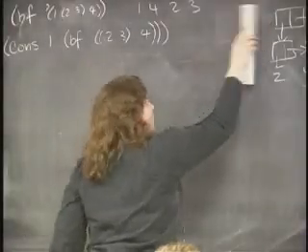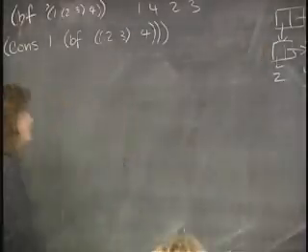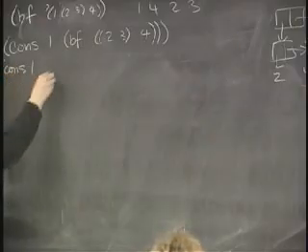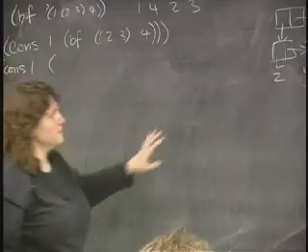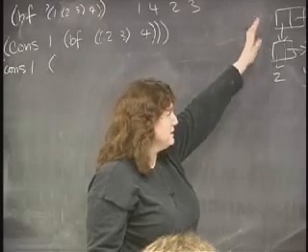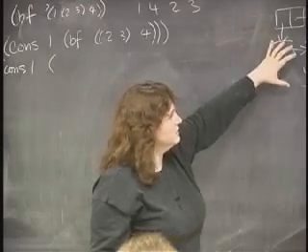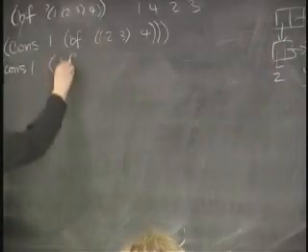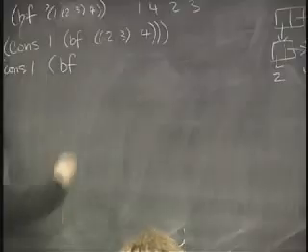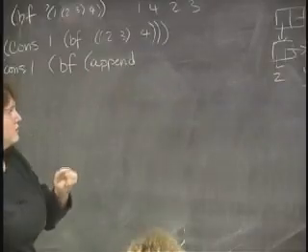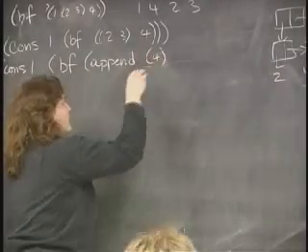Our tree is now that. It's easier for me to write the numbers in the substitution stuff. So, cons 1 to the breadth first of this list. Is the list null? No. Is it not a pair? Well, yeah, it is a pair. So, is the car a pair? Yes. So, I'm going to call breadth first on append the cdr of the tree, which is the list 4.